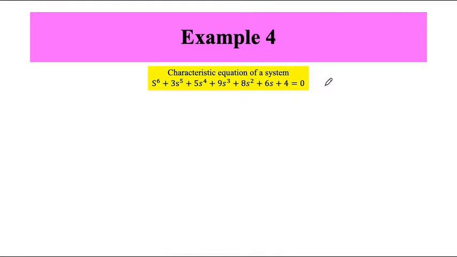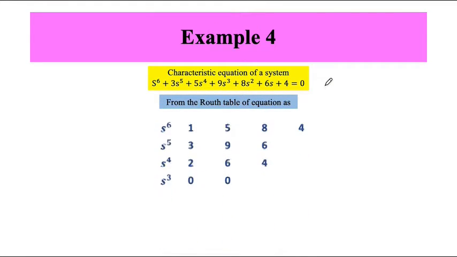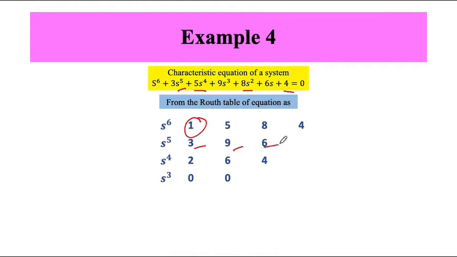The construction of the Routh array: s to the power 6, then s to the power 5, then s to the power 4, then s to the power 3, then s to the power 2, and so on till s to the power naught. Now first is 1, then 5, then 8, then 4, and here first is 3, then 9, then 6.